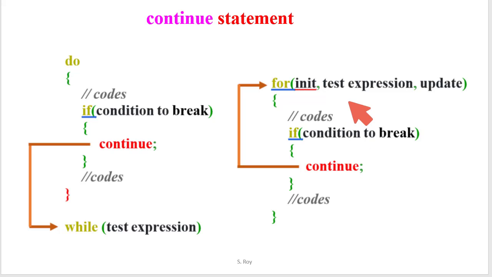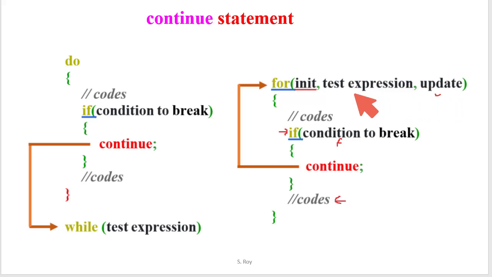This is the syntax of the for loop with the continue statement. For initialization, test expression, update, it enters into the for block. If this condition is false, then this continue will not be executed. These codes will be executed. It will return back to update.